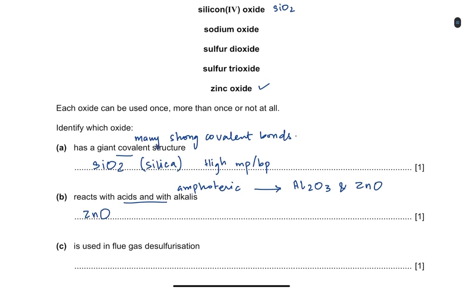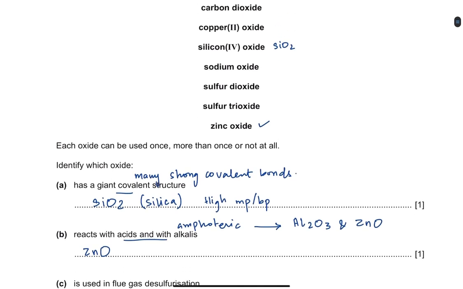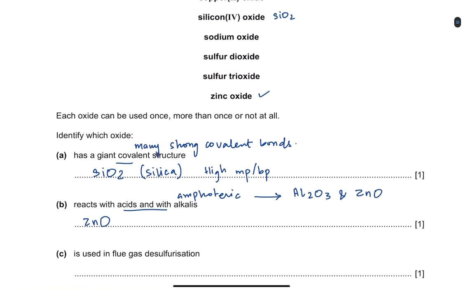Is used in flue gas desulfurization. Now flue gas desulfurization means that something that eliminates sulfur dioxide gas from the industrial waste. Industrial waste produces a lot of acidic oxides like sulfur dioxide and nitrogen dioxide. In order to protect the environment, we have to perform the flue gas desulfurization and we have to remove sulfur dioxide.